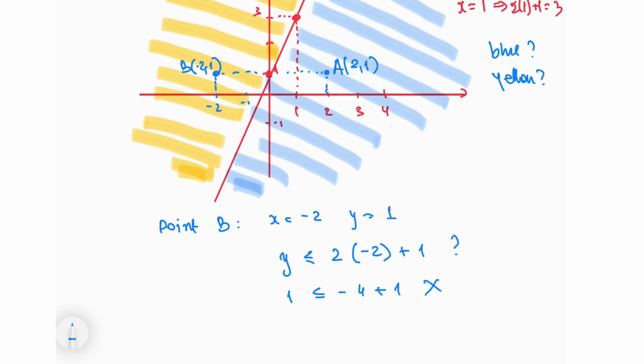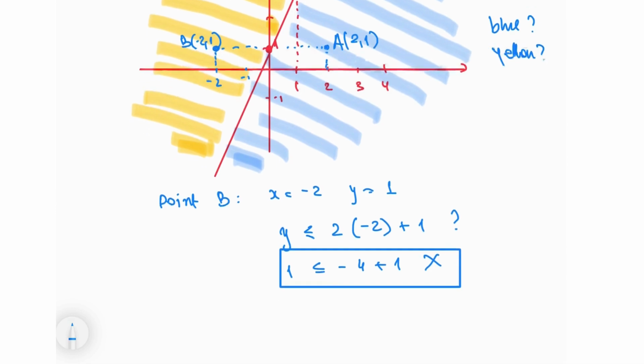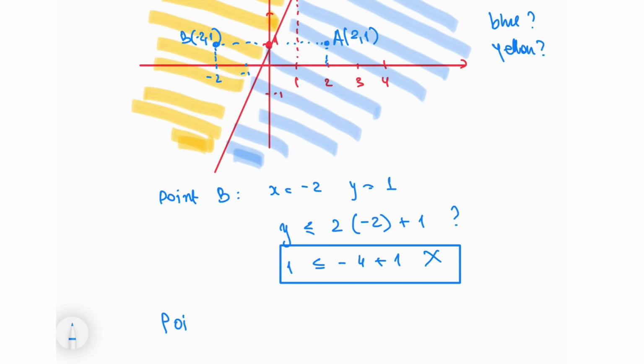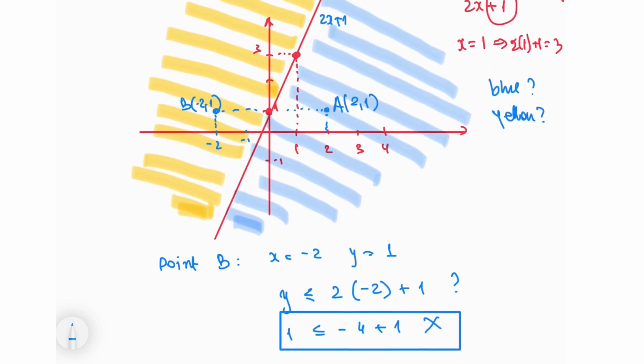No. So this is not correct. So B is not in the solution; therefore, it is where A is. So let's just check for A. Is 2 less than or equal to 2 times 1 plus 1, which is 3? This is correct. So it is the region.